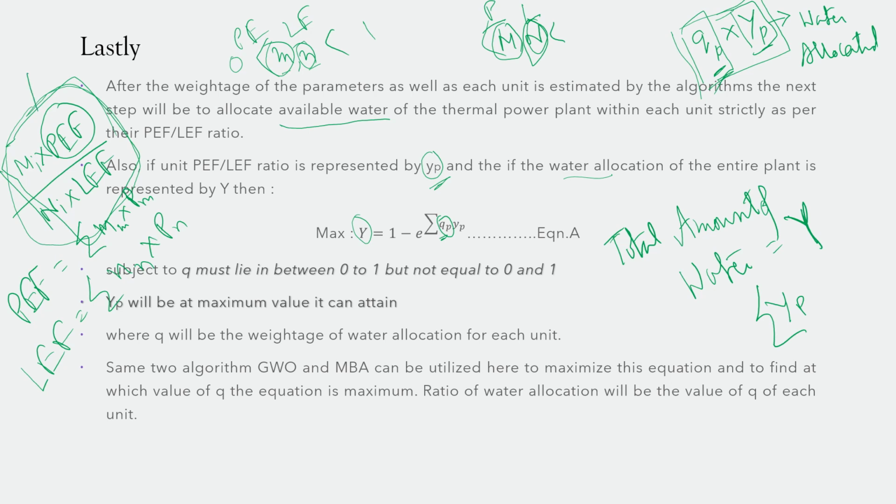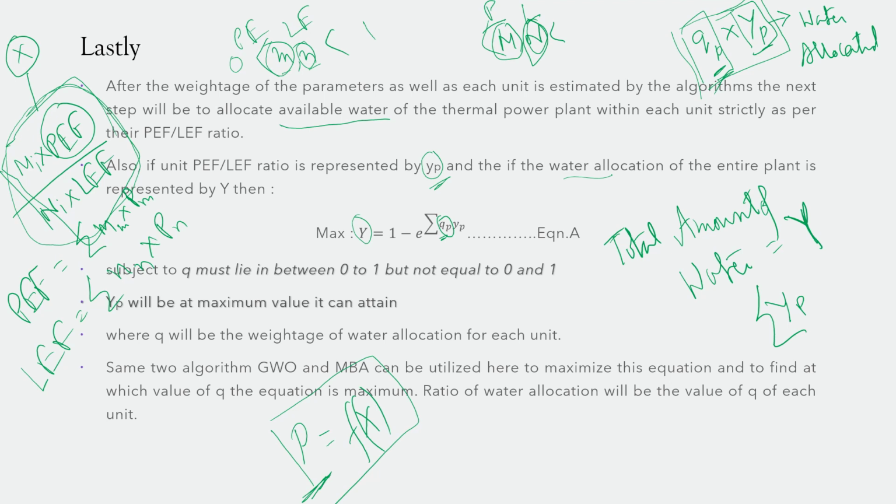Let us say this is X. This X is a function by which we are enhancing the profit of a power plant, correct? But here, the capability of the unit in enhancing the profit of the power plant has no relation with the water that has been supplied to that unit.